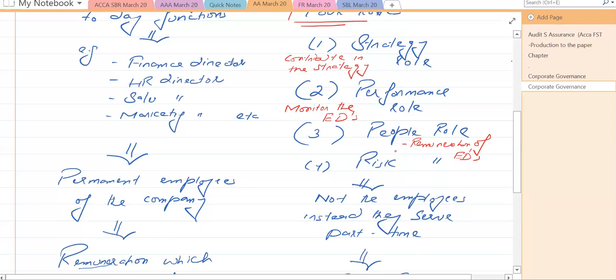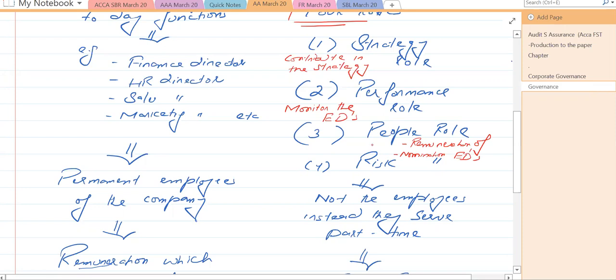Okay, remuneration of EDs, and the second thing is nomination. Nomination means when a new director is required on the board, they shortlist those directors and nominate them to the board for the final selection. That is the people role.